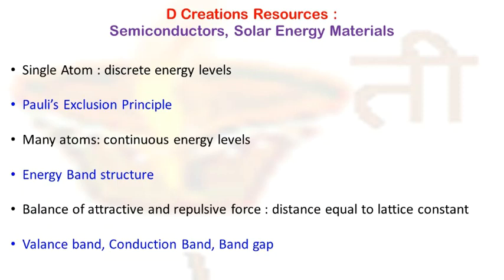So at 0 Kelvin, electrons will occupy the lowest energy levels available. That means at 0 Kelvin, all the 4n valence band states will be occupied by 4n electrons, while the conduction band will be completely empty.